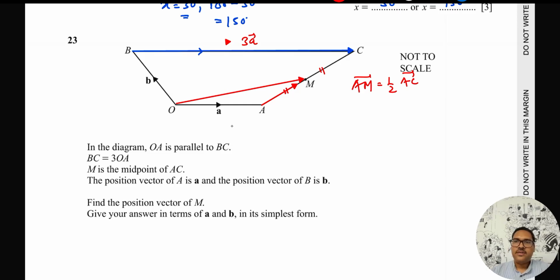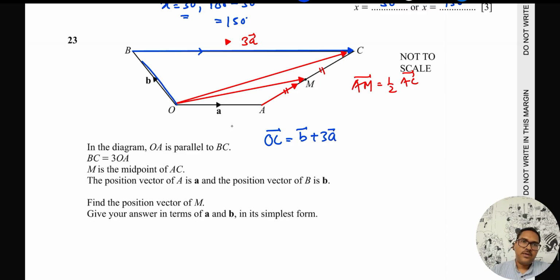Okay. So for this, let's do some calculation. You see here, if I join this, I can easily write what OC vector is. Let me write it. OC vector will be equal to OB vector, which is b vector, plus 3a.